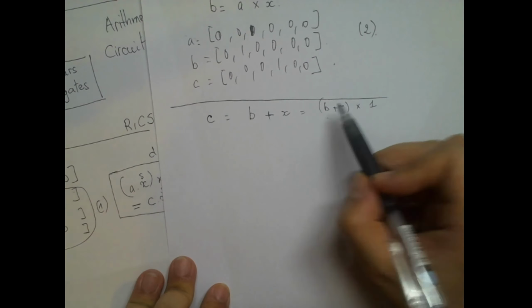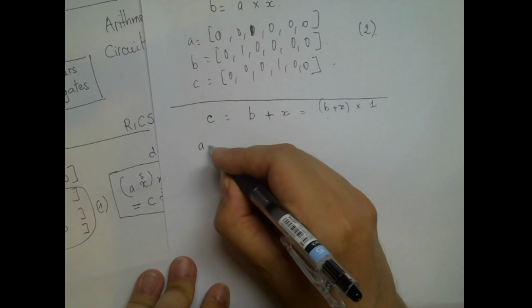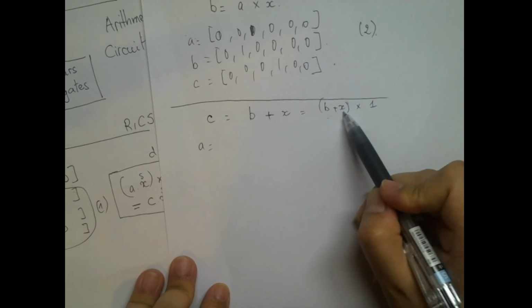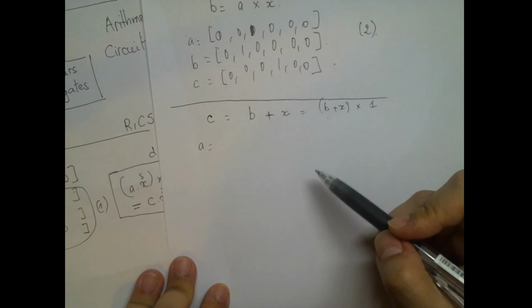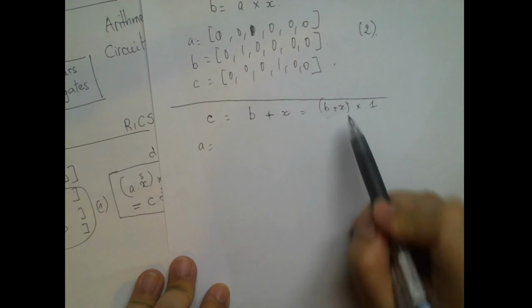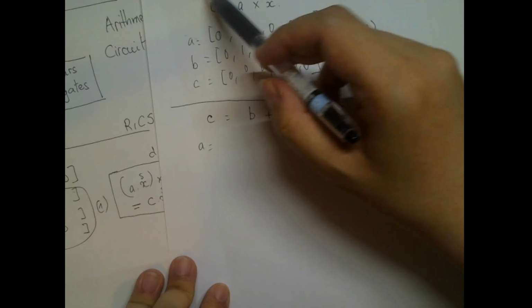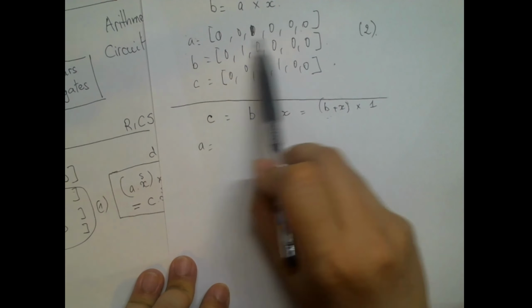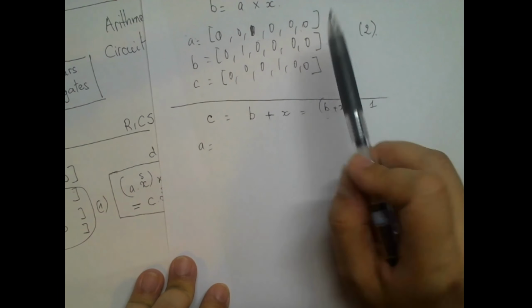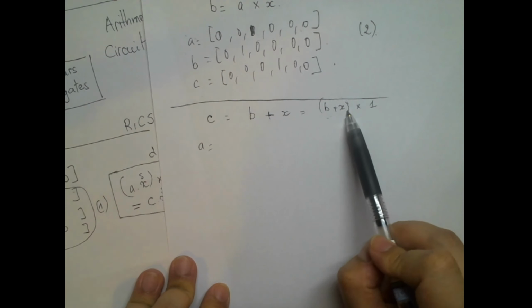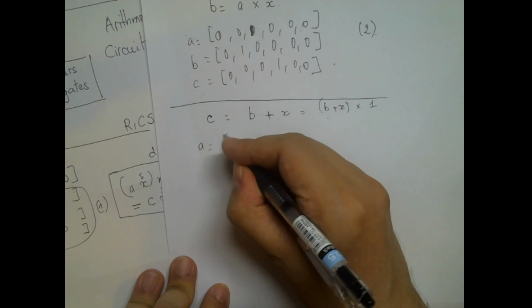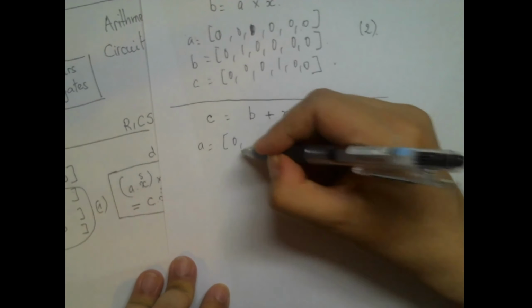So now A has to do this combination B plus X, which it can, because we can do any linear combination of these guys, right? So if we want B plus X, we don't need the 1, so we put 0 here.